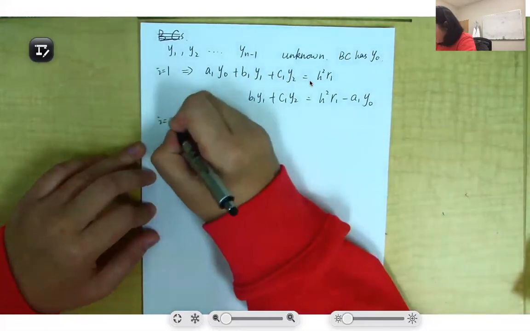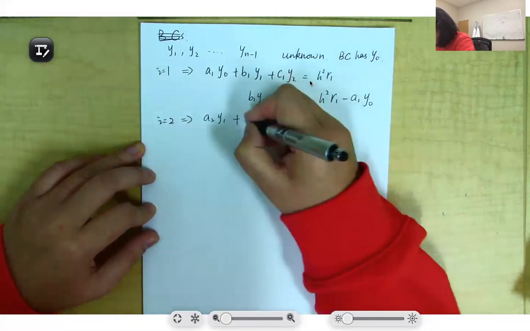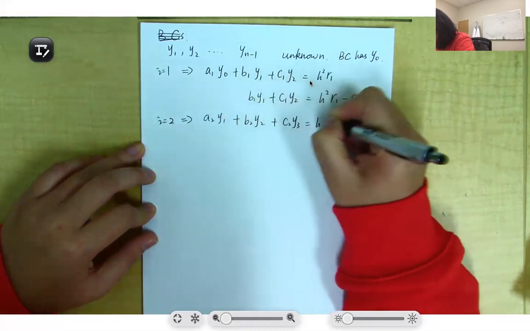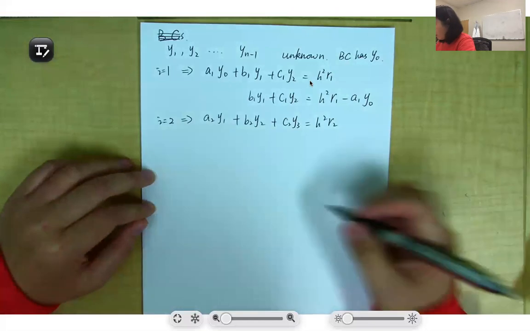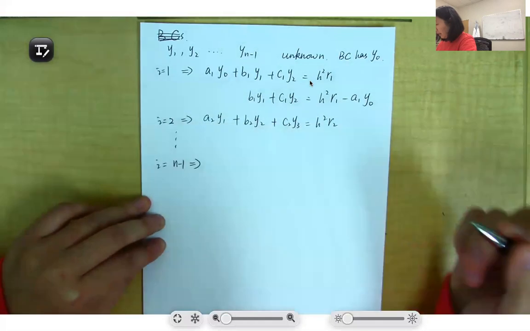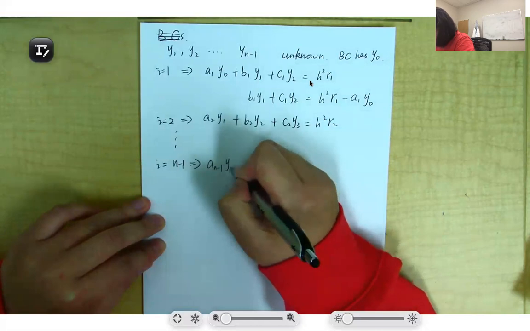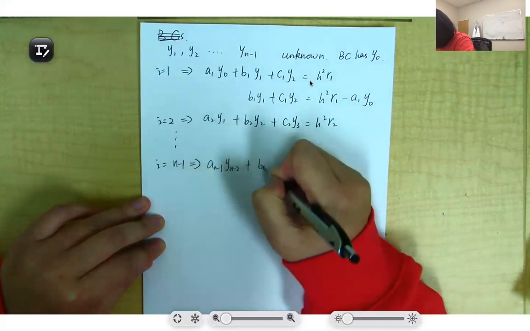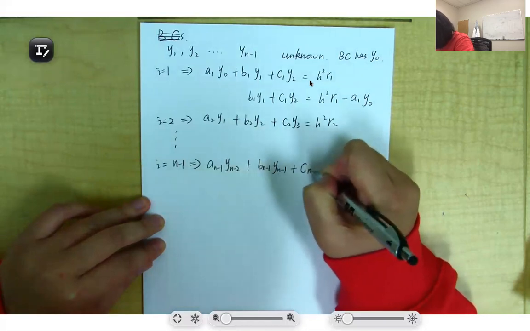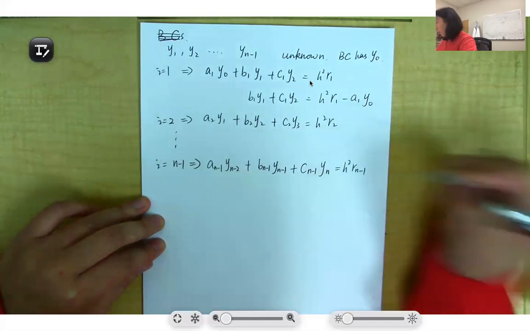Then i equals 2 leads to a2 y1 plus b2 y2 plus c2 y3 equals h squared r2, okay? Then you will go to the final one, which is i equals n minus 1. That will be a n minus 1 y n minus 2 plus b n minus 1 y n minus 1 plus c n minus 1 y n, which equals h squared r n minus 1, okay?